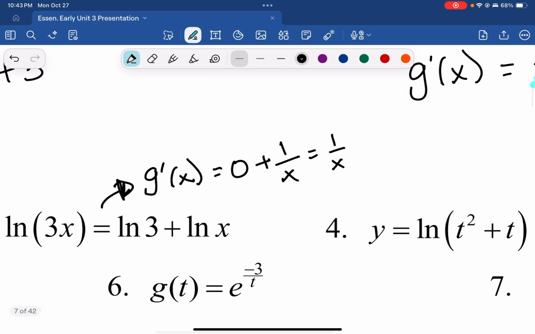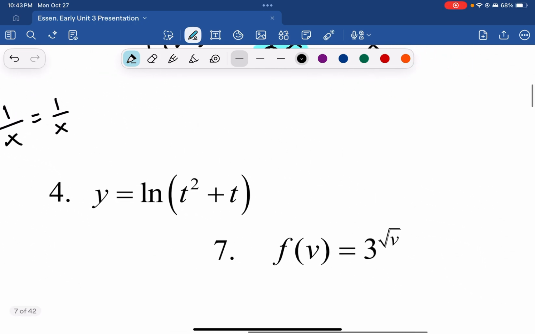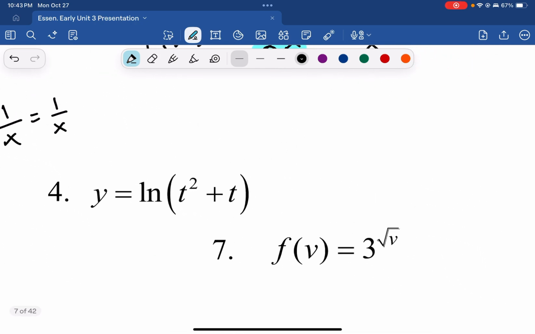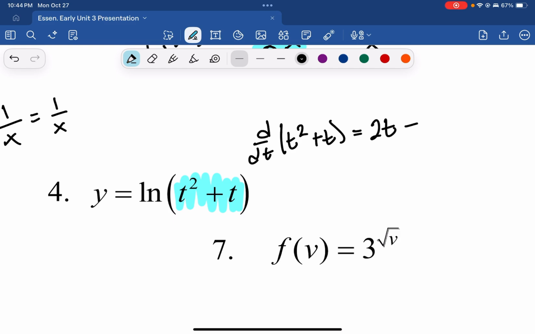Okay, let's look at number 4. I have y equals the natural log of t squared plus t. So that t squared plus t is our u function. The derivative of t squared plus t is going to be 2t plus 1.